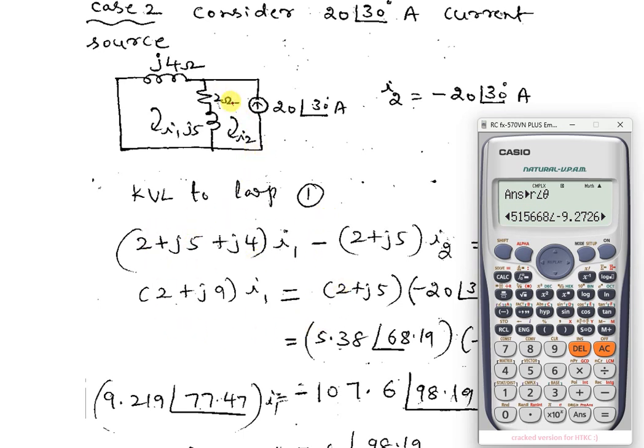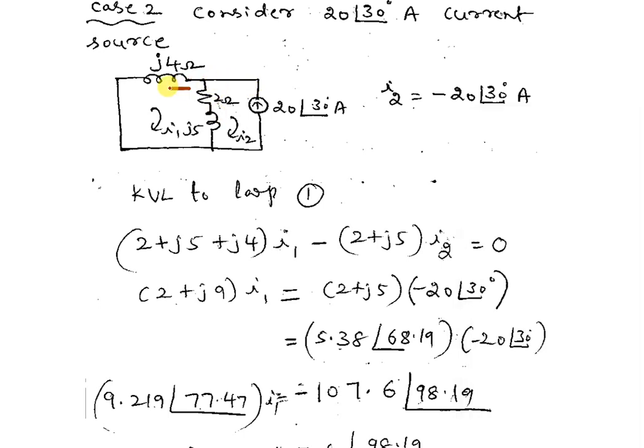Current in this branch is equal to the main current, 20 angle 30, into the impedance opposite to 2 plus 3J. Because this voltage source is shorted, 20 amps current is flowing and it is going to divide between two paths.